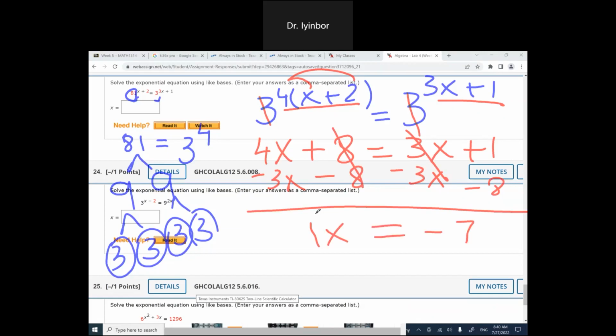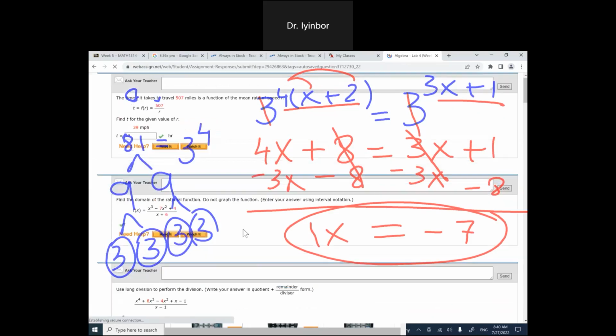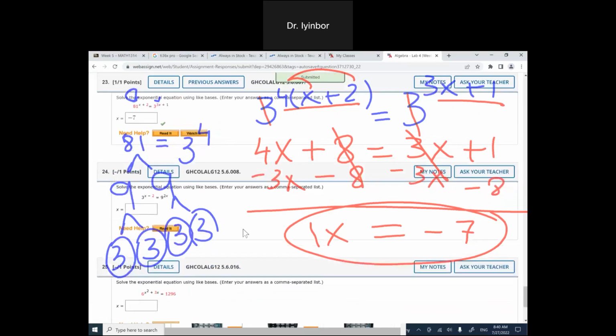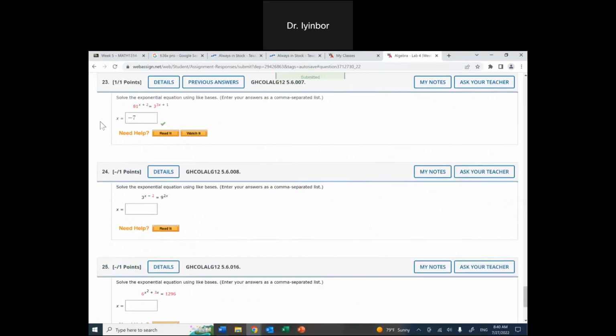So that's my answer. x equals negative 7. So solve it exactly like that. Make the same bases, and then cross out the bases and solve the exponents equal to each other. Okay? So that's how you do 23.